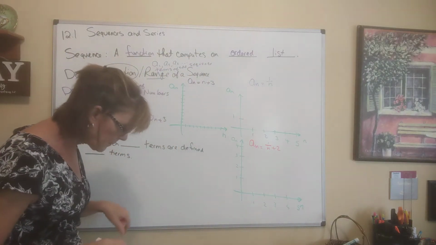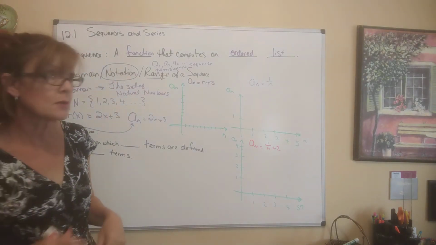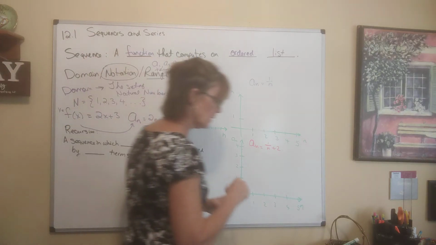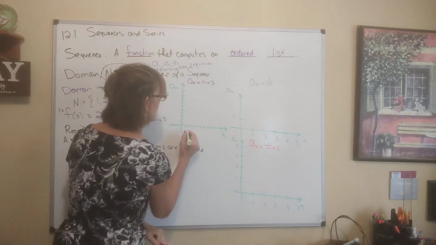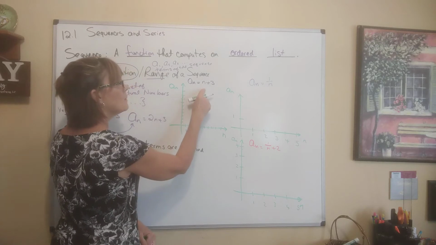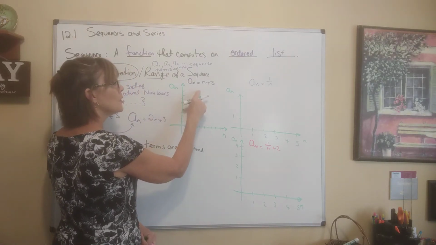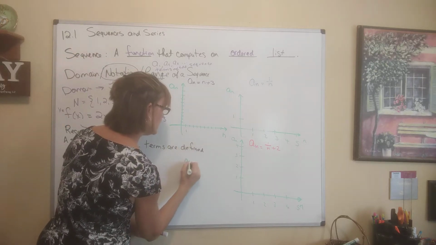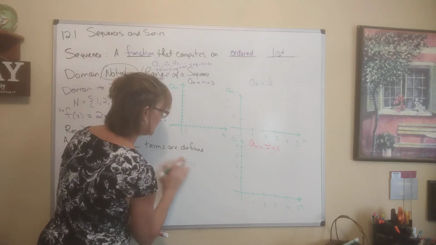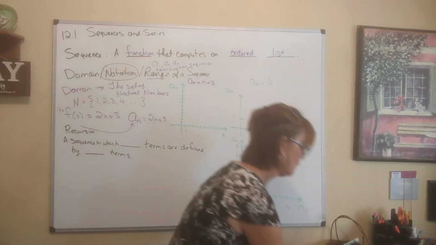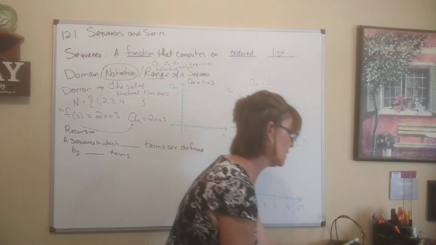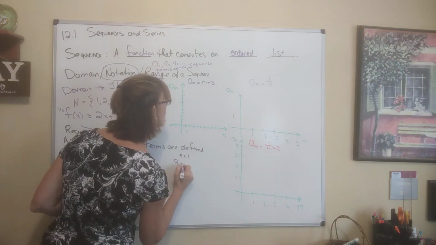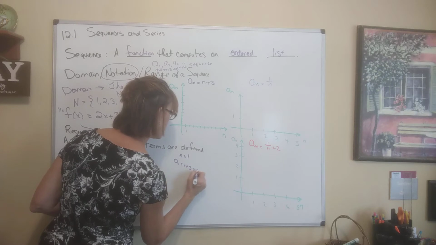So the input is the natural numbers. If we were to put in n is 1, then y, or a sub 1, is equal to 1 plus 3, or 4.